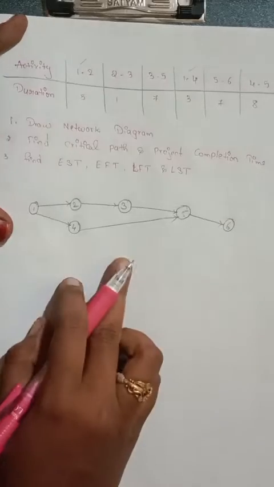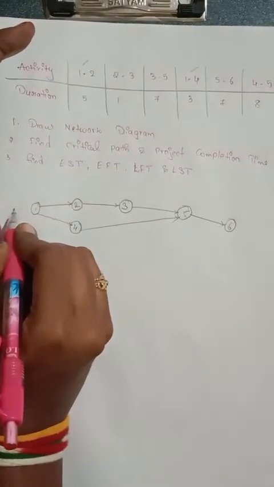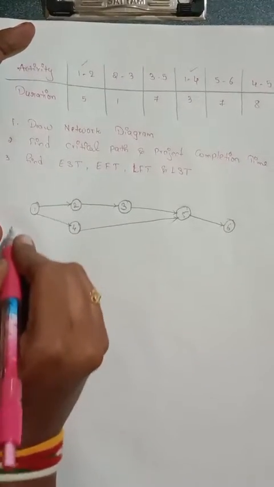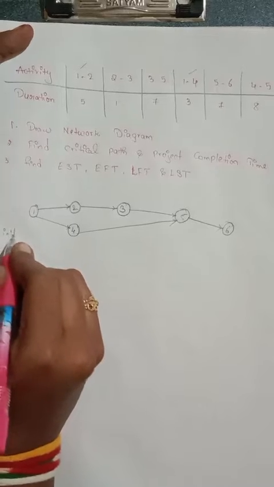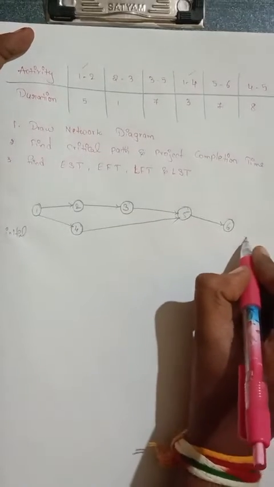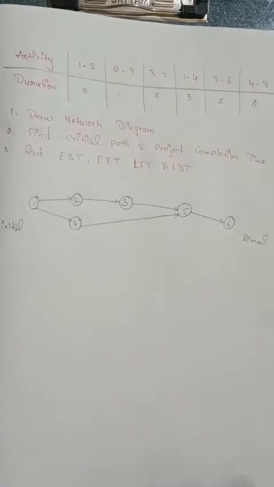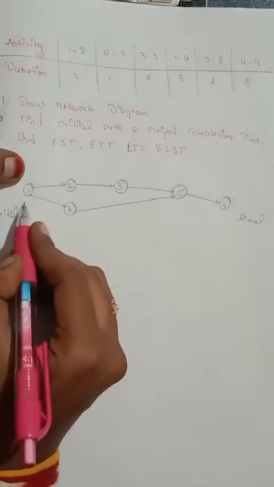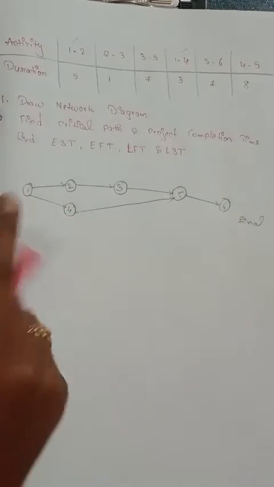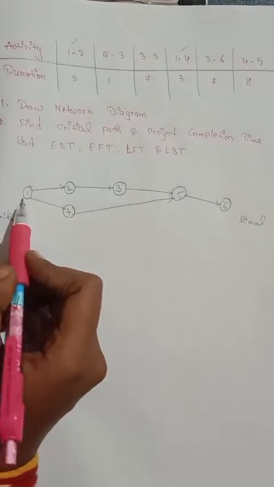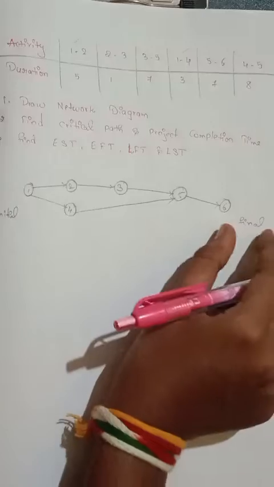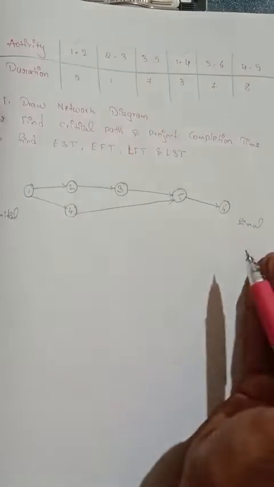So this is our network diagram, guys, and this is the starting node, the initial node, and this is the final node. The initial node and final node won't change. For better verification, start the initial node at the first place. For representation, start at first, and the final node just take it to a long distance.